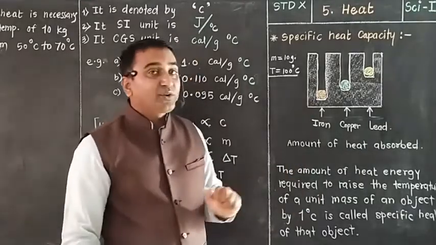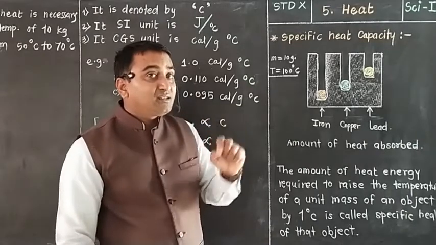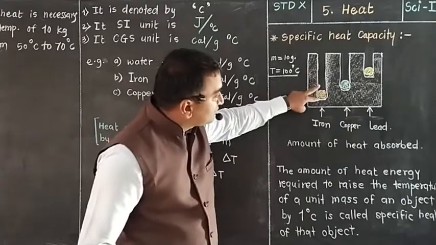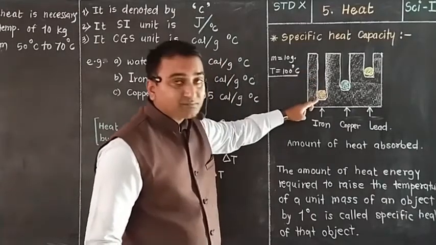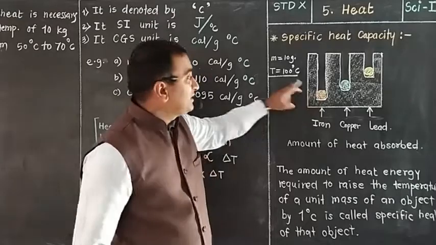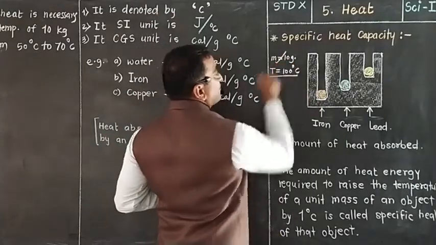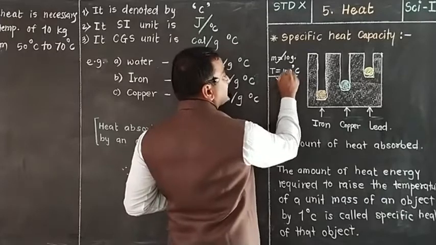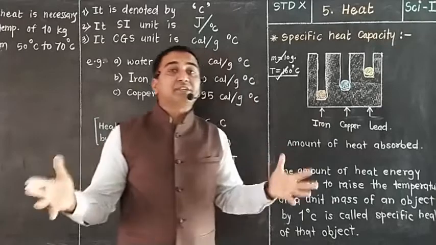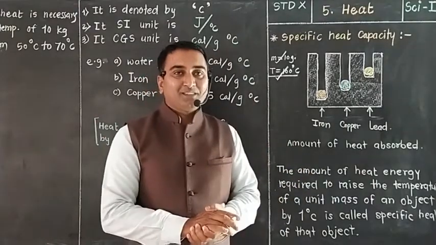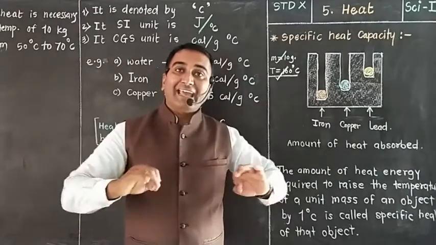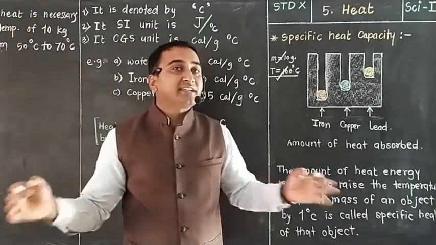Iron has more heat, and because of the more heat of iron, the wax has melted more, and so it went deeper inside the wax. That means though they have the same mass and the same temperature, the heat absorbed by these three spheres is different. That means at the same temperature, each object can absorb different heat.